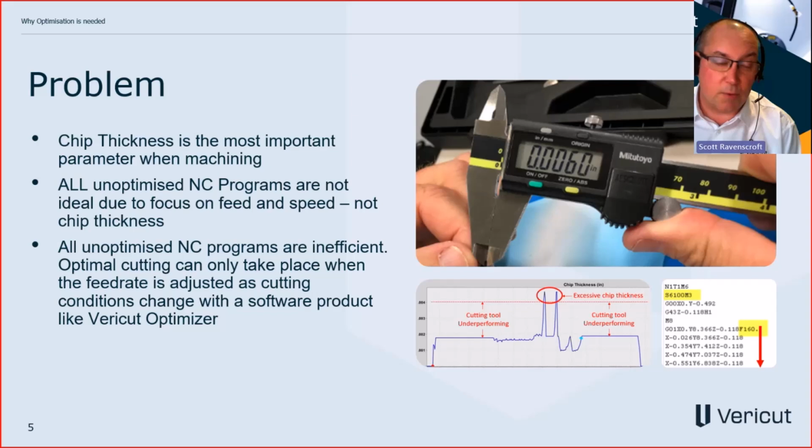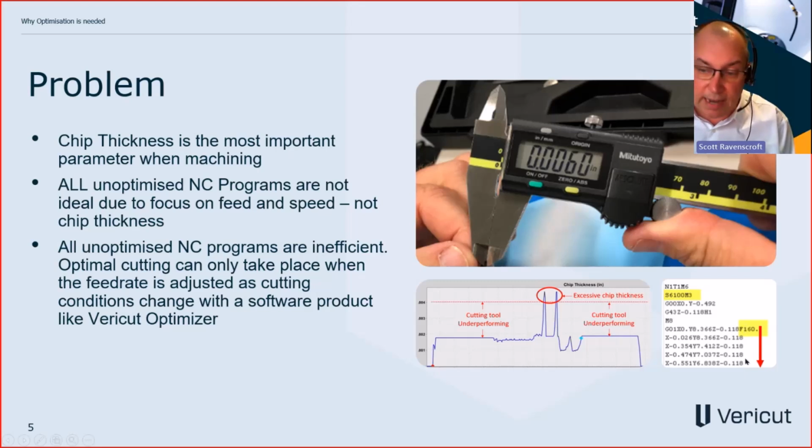So it's our belief that all unoptimized NC programs are not ideal because generally the CAM system or how we program, we concentrate on feed and speed and not chip thickness. So if we look on the right hand side here, generally we program with a singular feed rate throughout the NC program. Not all the time.